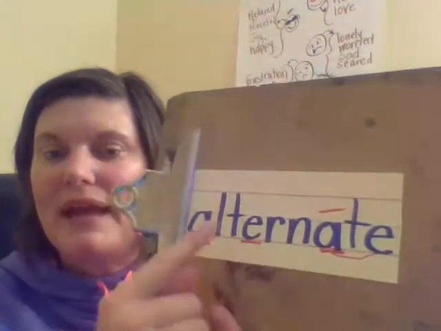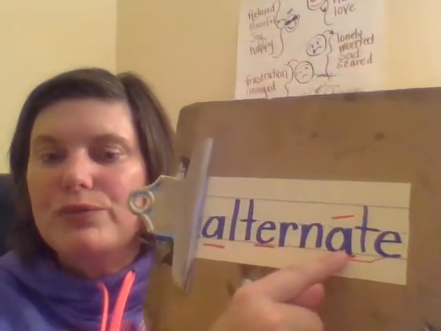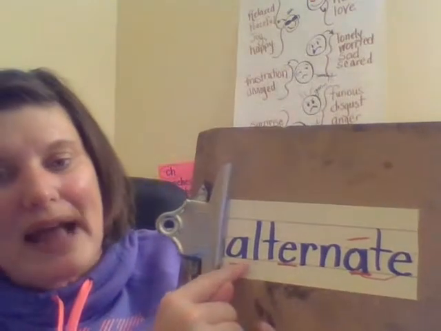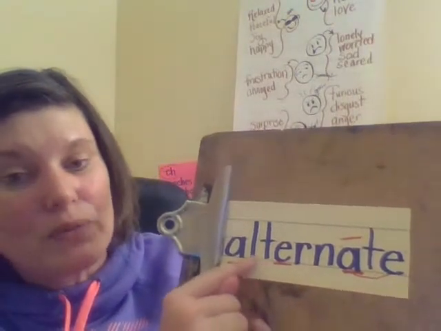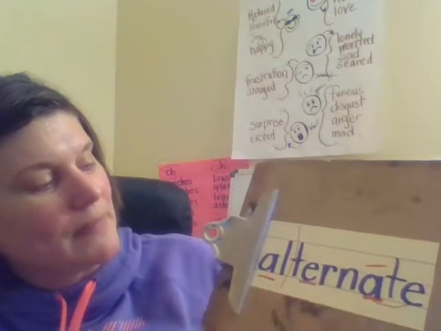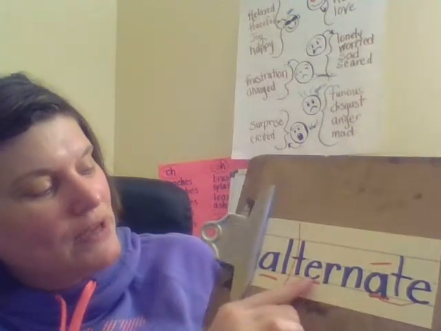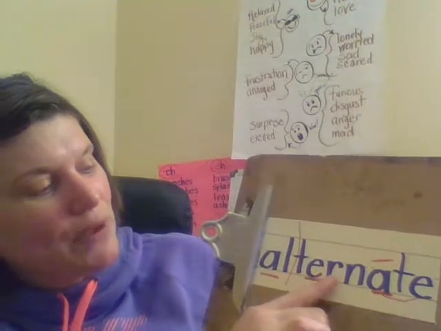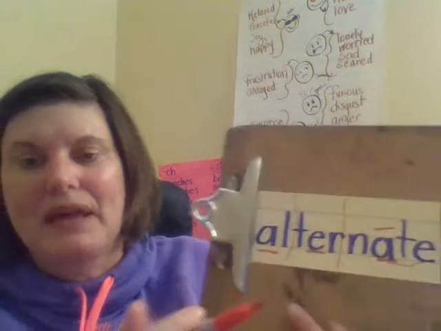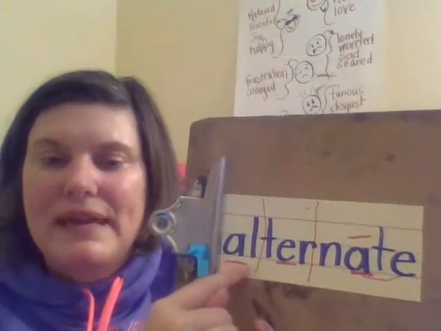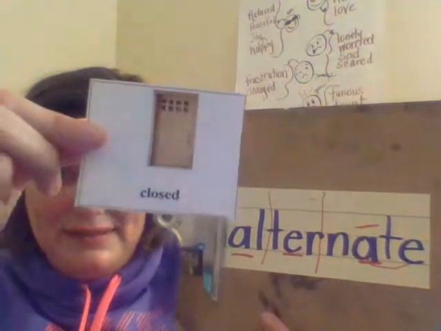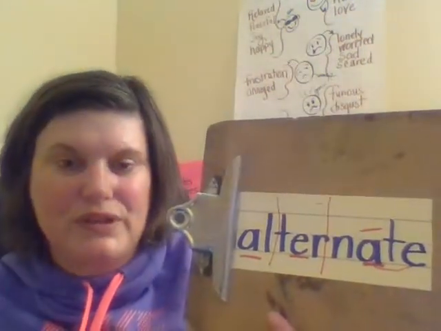Okay, so we know we have 1, 2, 3 syllables in this word. Remember, after the vowel, if there's more than one consonant, you split it up, okay? And so here's our vowel. And we've got 1, 2 consonants. We'll split them up. So we have a closed syllable for the first syllable.